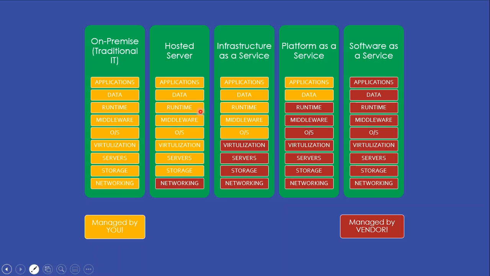Then you get to what we call true infrastructure as a service. So this is typically where everything up to virtualization is included in that license or in that service. What virtualization means in this context is the separation of the actual software and the operating system from the hardware. So think about it as installing a clone of yourself on the same hardware, or let's call it a bipolar person.